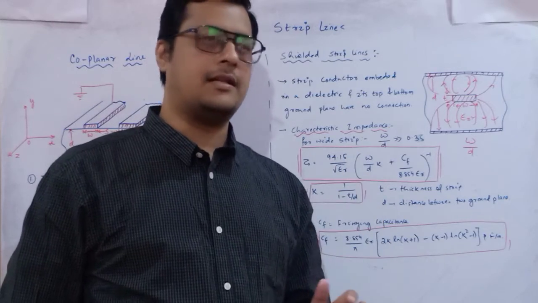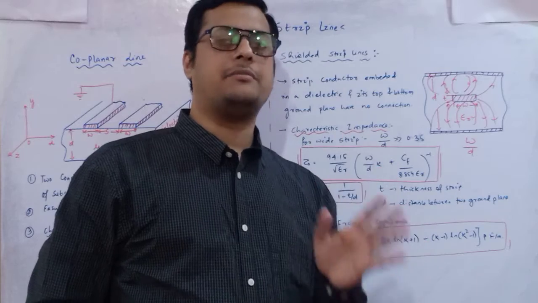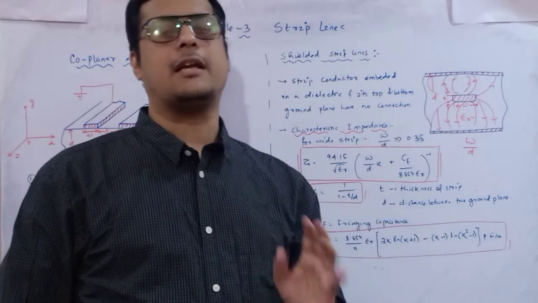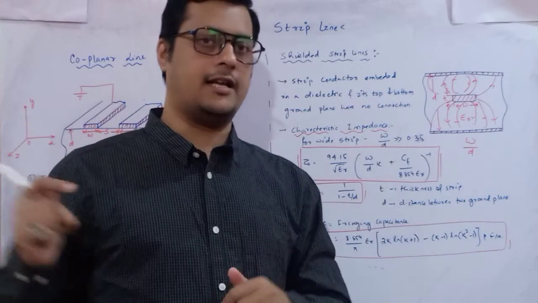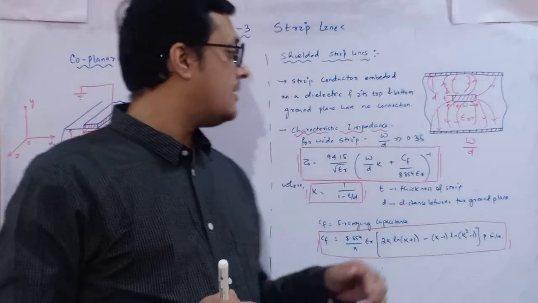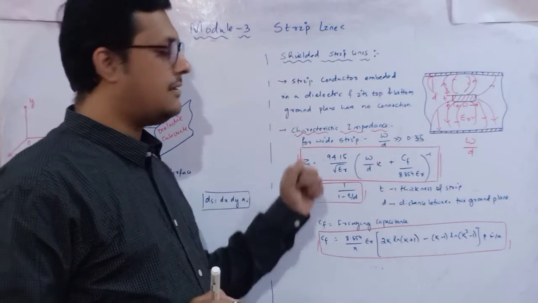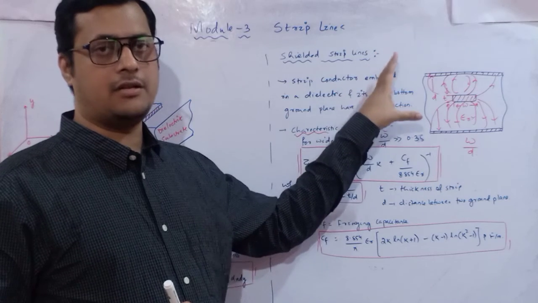So always remember that this shielded strip line is a line in which we are going to calculate the fringing capacitance. It is only with respect to the shielded one; in other cases we are not considering that fringing capacitance. Okay. So here you can see, for the wider strip, it means the width of this strip is greater than the separation between the ground planes.